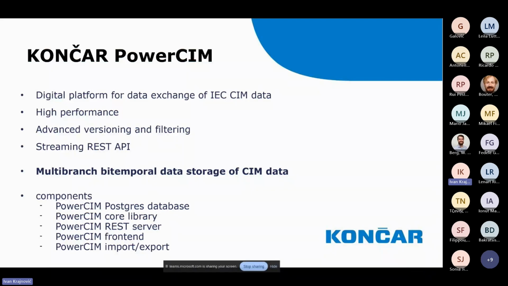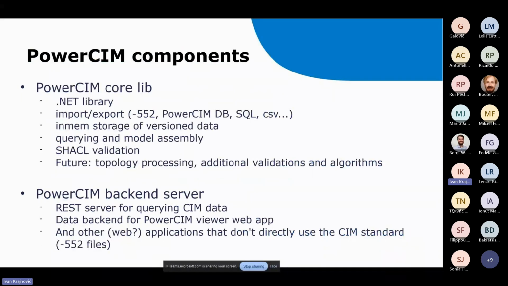And these are our components. You'll see it later. So we have a core library that we put in all the SIM functions that we can use to develop standalone SIM apps. And this is import export functions, indexing, SHACL validation, etc. We're going to add topology processing and some additional algorithms.